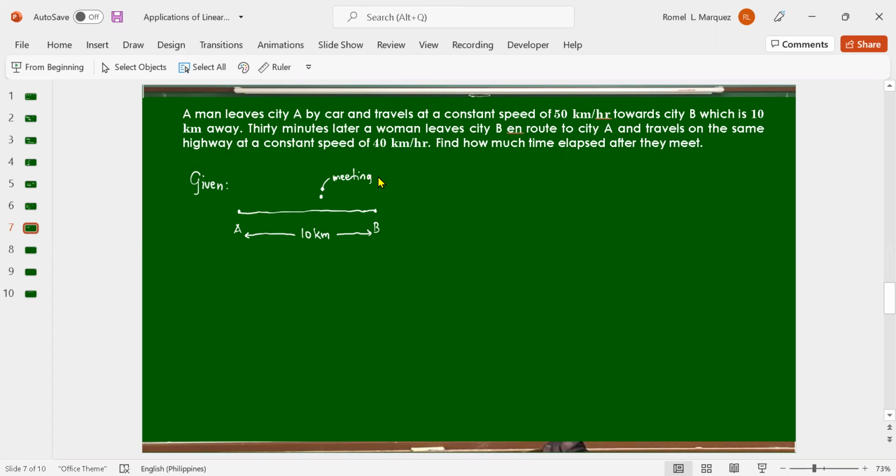Okay? If X is the distance traveled by the man, what is the distance traveled by the woman, children? It is 10 minus X. Am I correct, guys?